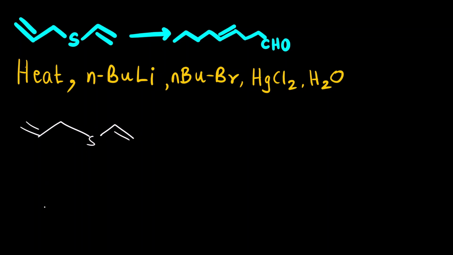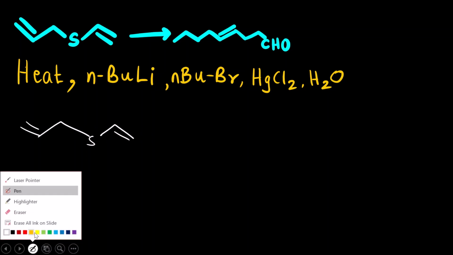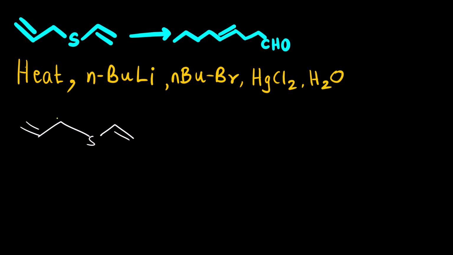Now which is the more acidic proton? If you see carefully, this is the acidic proton. Butyl lithium first will abstract this proton and form a carbanion. Why is it stable?